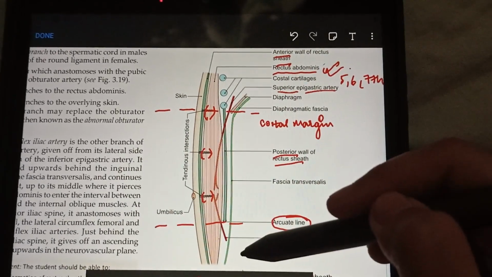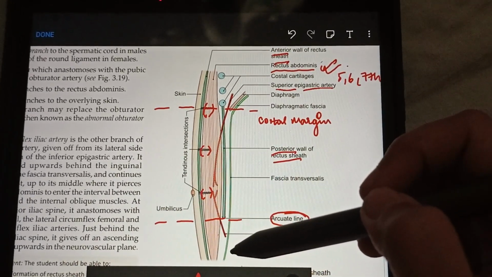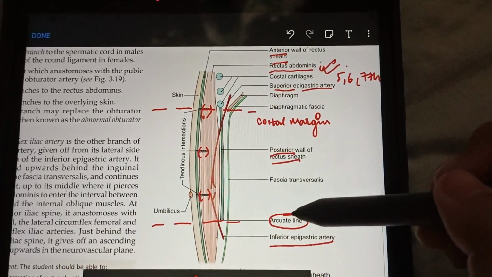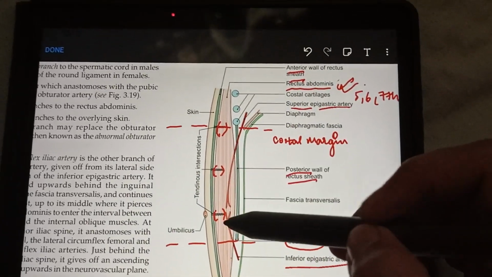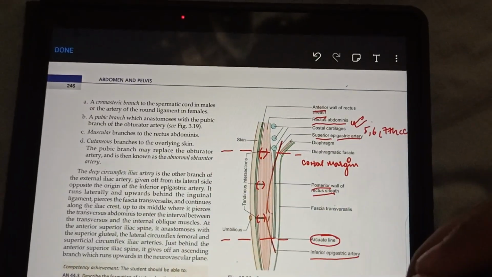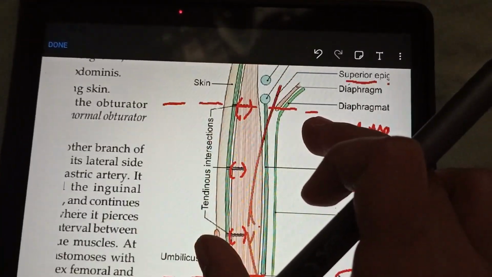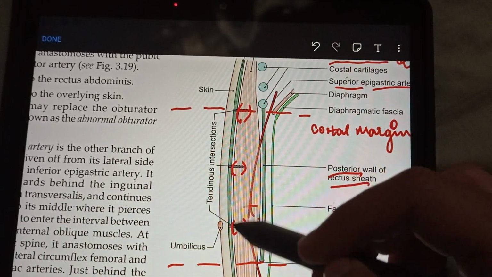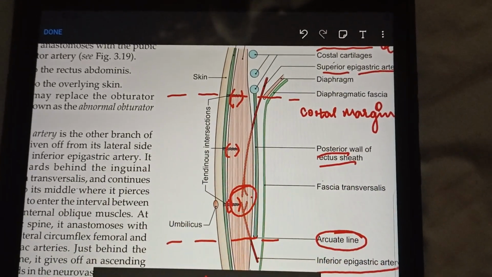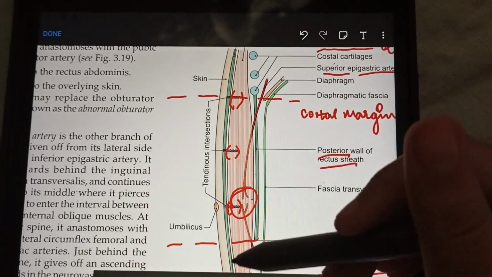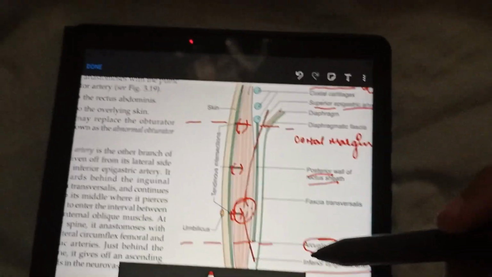The inferior epigastric artery comes from below the arcuate line, and both of them anastomose here and supply the rectus abdominis. So these are the arteries.